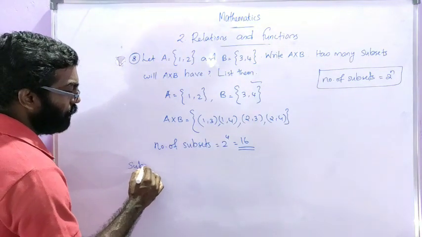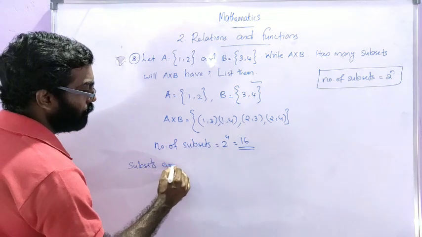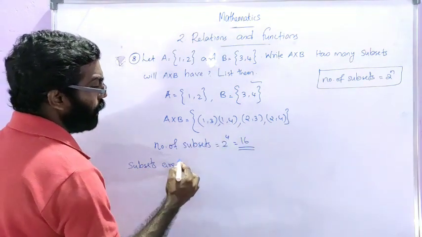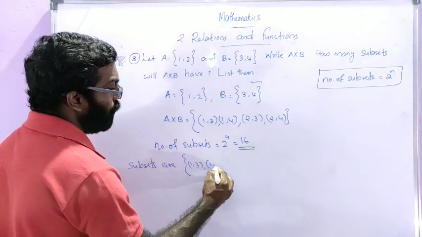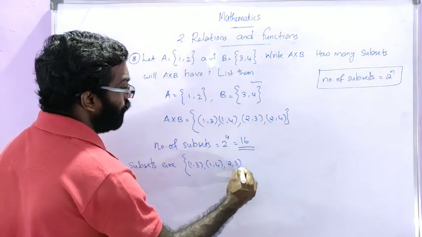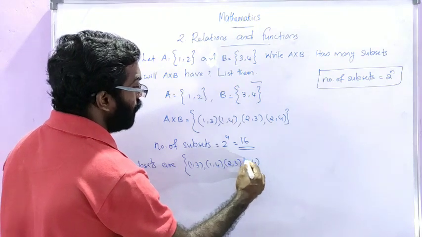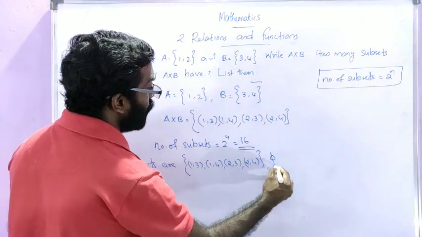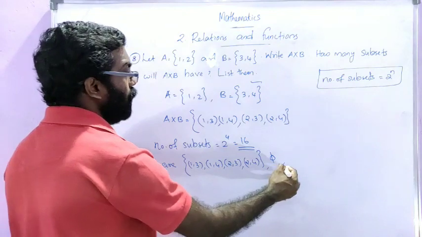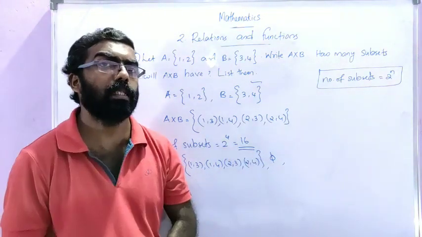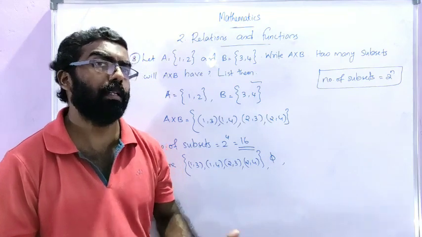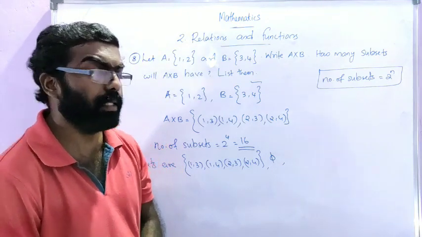The subsets are, first of all, we can write the same set: {(1,3), (1,4), (2,3), (2,4)}. And we can write the empty set or null set. As we know, every set is a subset of itself and the null set or empty set is a subset of every set. Phi is a subset of every set.